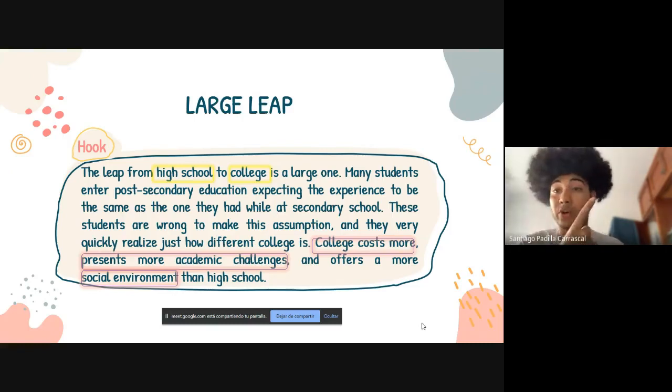College costs more, presents more challenging academics, and offers more in social environment than high school. Here we have already talked about the two objects that are high school and college, and the three things in common they have to compare: the cost, the academic challenges, and the social environment.